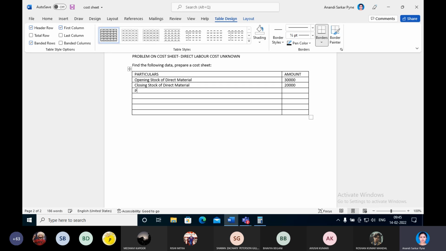Purchase of direct material. So what we get? Opening stock of direct material, closing stock and purchase. So how will we compute? Opening stock plus purchase minus closing stock, we will get raw material consumed. So purchase of direct material, we have 1,90,000.